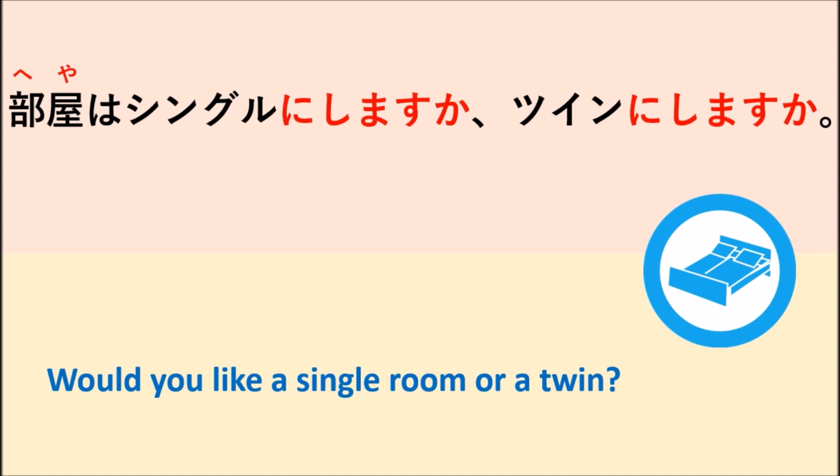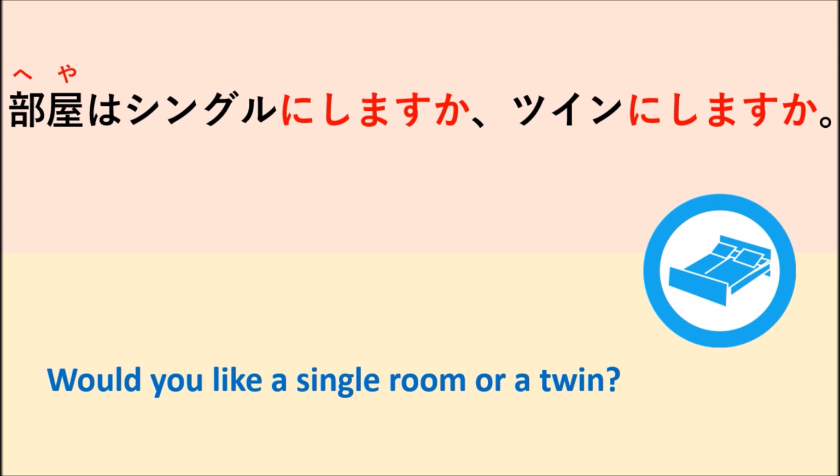For example, we learned how to use okiku shimasu, right? Oto o okiku shimasu. You can create a question sentence like Oto o okiku shimasu ka? So you can create a question example like this. And if you say it to another person, you can ask them to do something for you by using nishimasu or kushimasu.